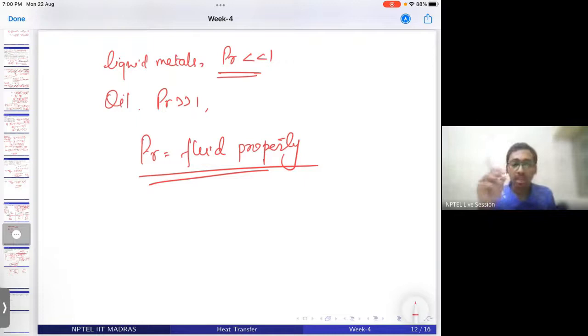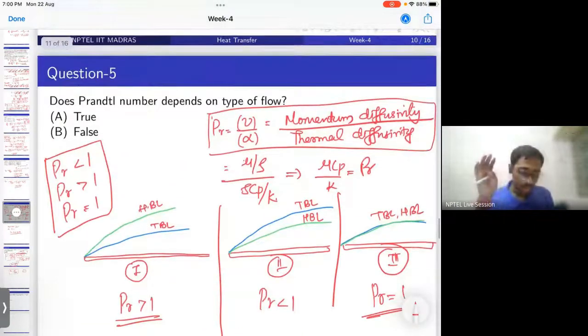It does not depend upon the type or nature of flow. But the heat transfer coefficient will depend upon fluid properties, type of flow, and nature of flow. But the Prandtl number is a fluid property, so it doesn't depend upon the type of flow.